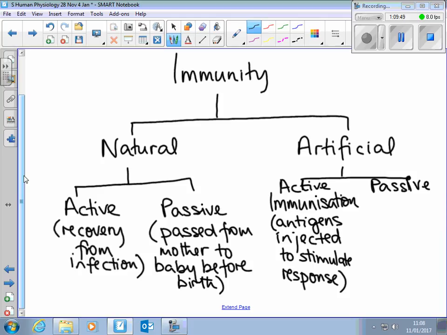But the idea with the passive one is it's an injection of antibodies, but it doesn't give you immunity. So yeah, I shouldn't have really said immunity as the top bit of that. So it's injection of antibodies. All right, no memory cells. I'll put e.g. anti-venom.